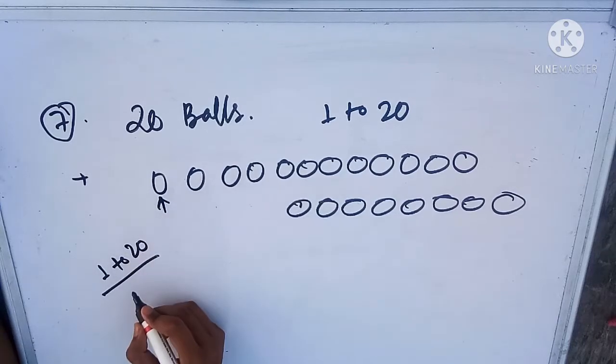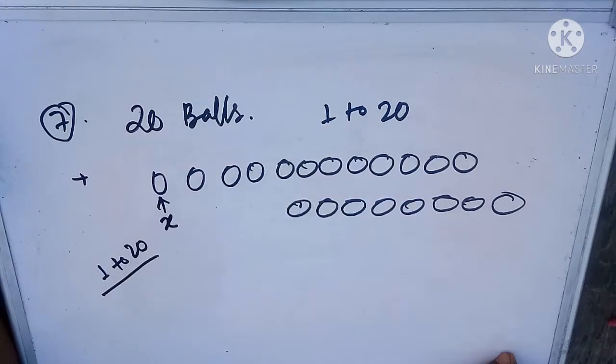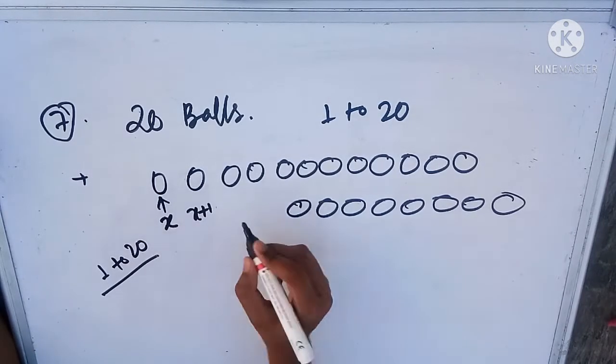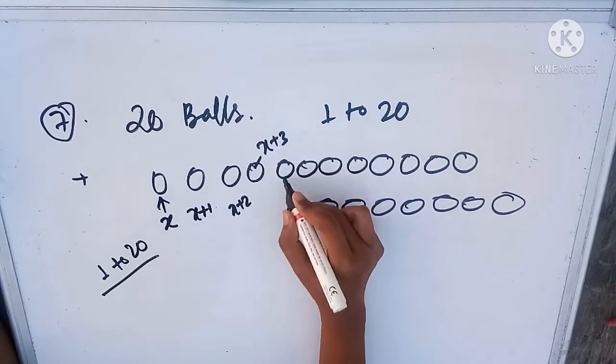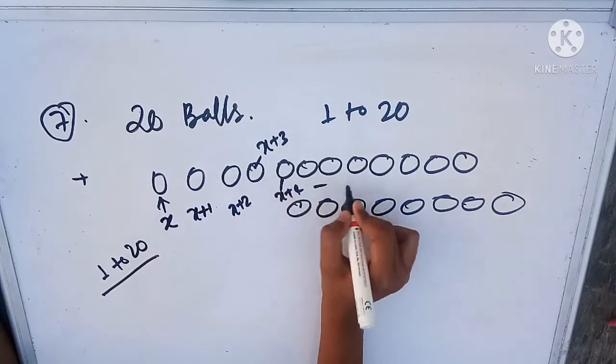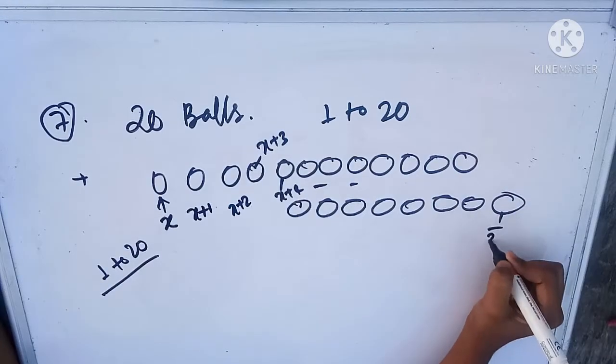So let the first number be x. We don't know which number is on which ball, so let us start with x. The consecutive numbers are x plus 1, x plus 2, x plus 3, x plus 4 and so on till x plus 19.